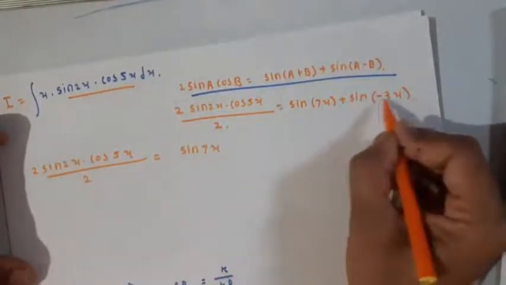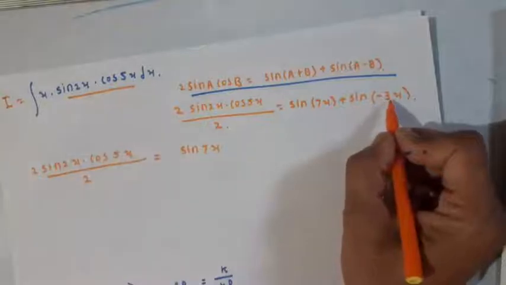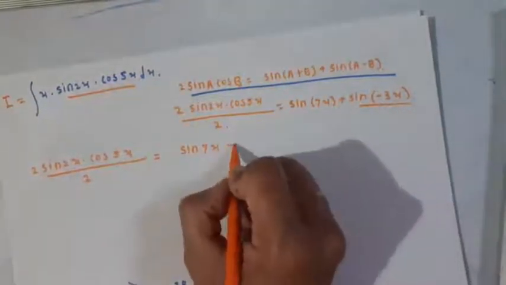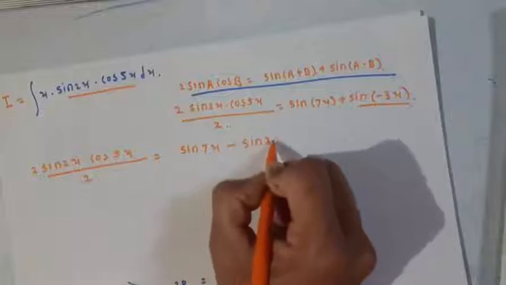And you know that sine of minus theta is minus sine theta. By using this formula, this is minus sine of 3x.